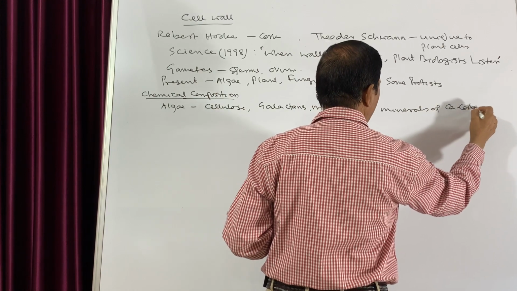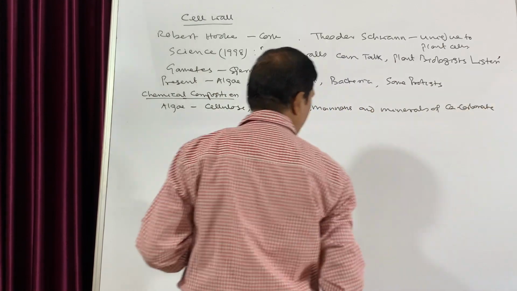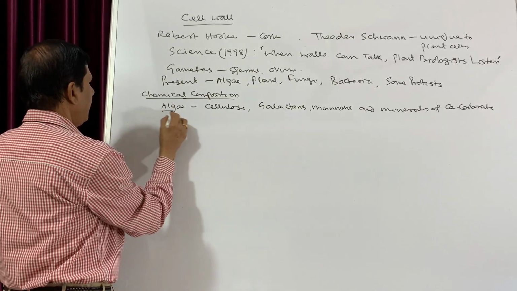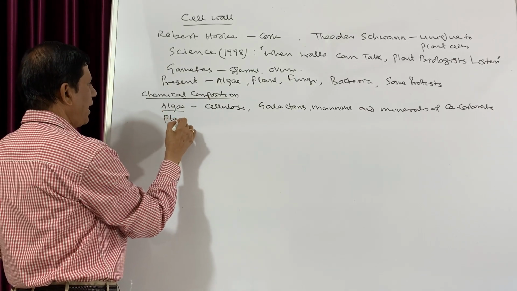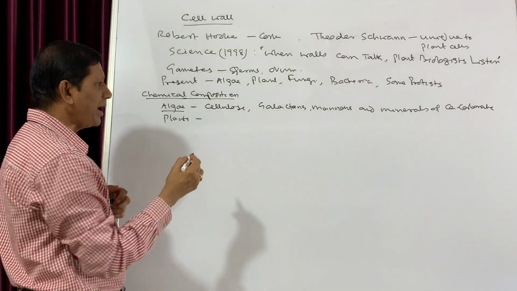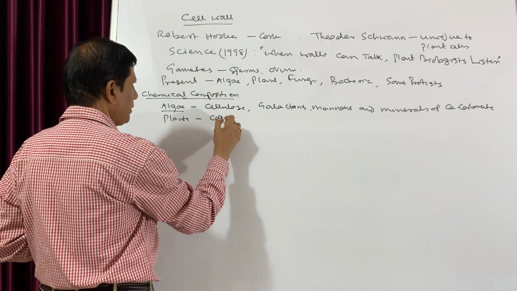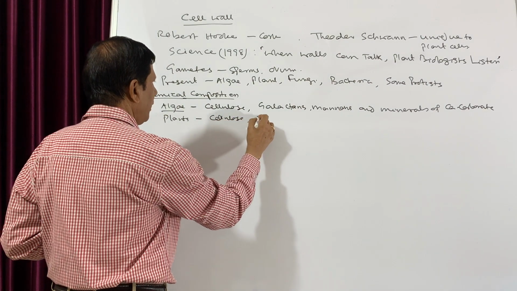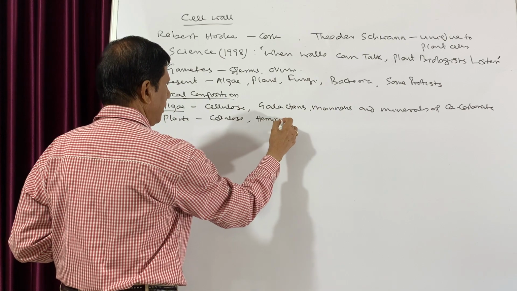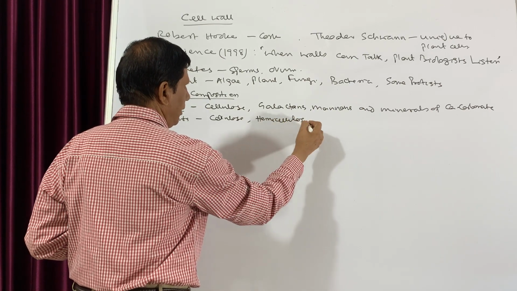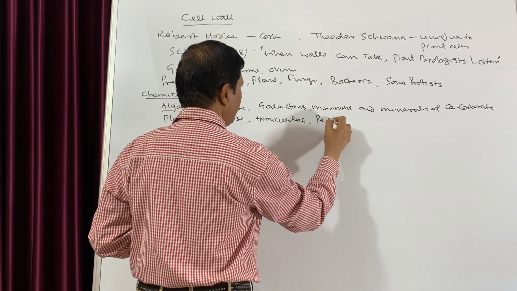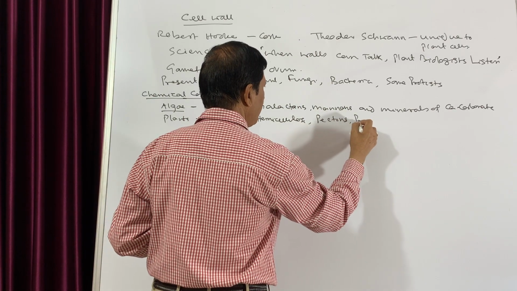While in case of the higher plants, it is made up of cellulose, hemicellulose, pectins, and proteins.